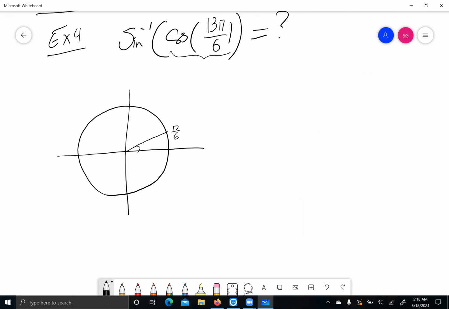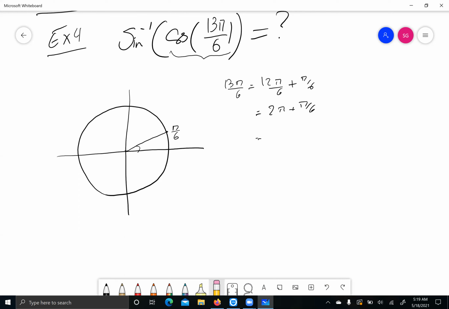So 13 pi over 6 is going to be the same location because look, 13 pi over 6 is 12 pi over 6 plus pi over 6. This is 2 pi plus pi over 6, right? So it's like when you go one full rotation, you go one more pi over 6.